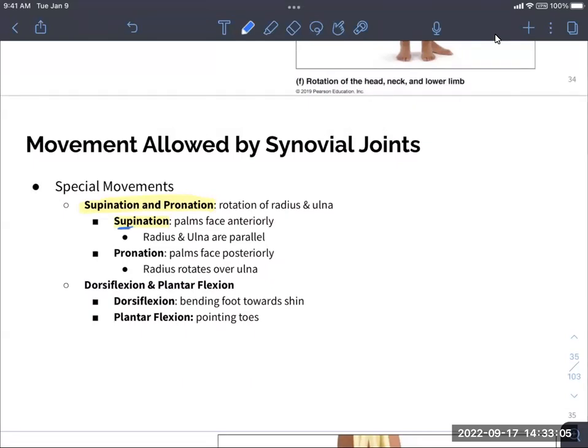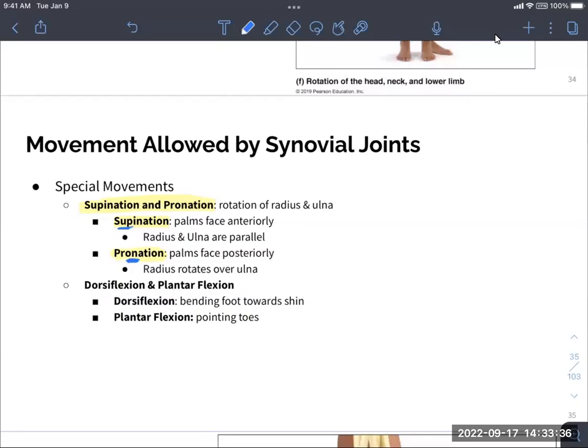So that's when your hand is up. Pronation has the word on. So that is when your hand is facing down. When you're supinated, your radius and your ulna are parallel. But when you're pronated, that radius actually rotates over the ulna.